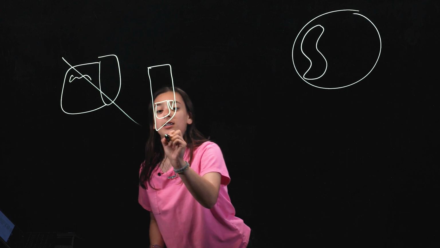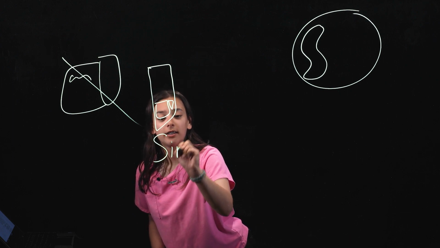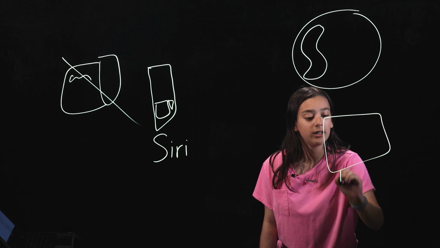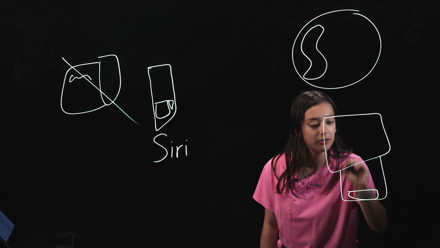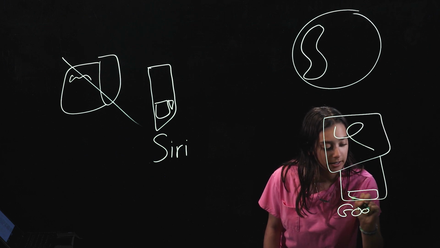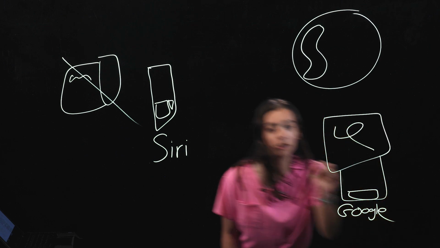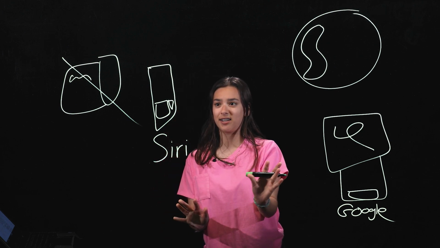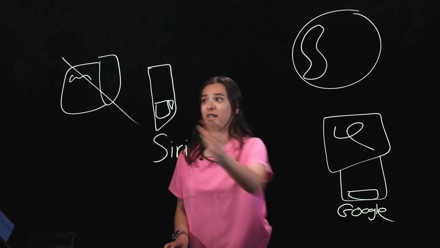You can use Siri, or for a computer, you can use Google to find what you're looking for words much easier. And that is so much easier than using a book.